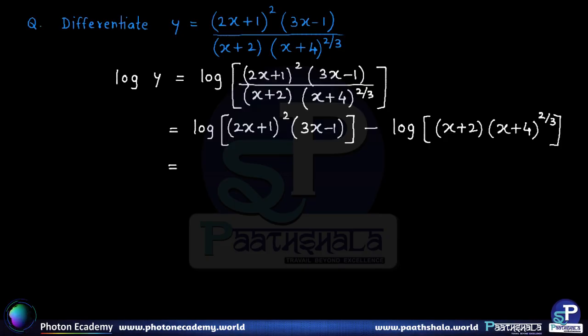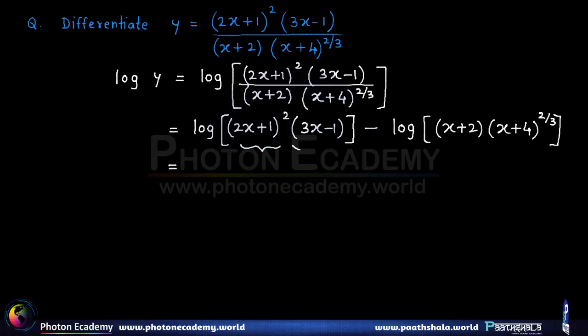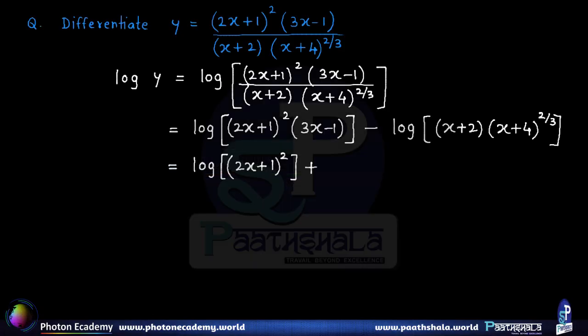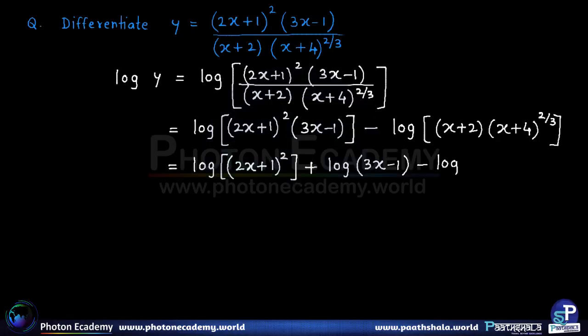And splitting that further, we see that log is the product of two functions. So we know that log of a product is addition of logs. So here we have log of 2x plus 1 whole squared plus log of 3x minus 1 minus, now in the second term also we will split the log as addition of two logs, but since we have the minus sign outside, we will have both of the log terms as negative terms.